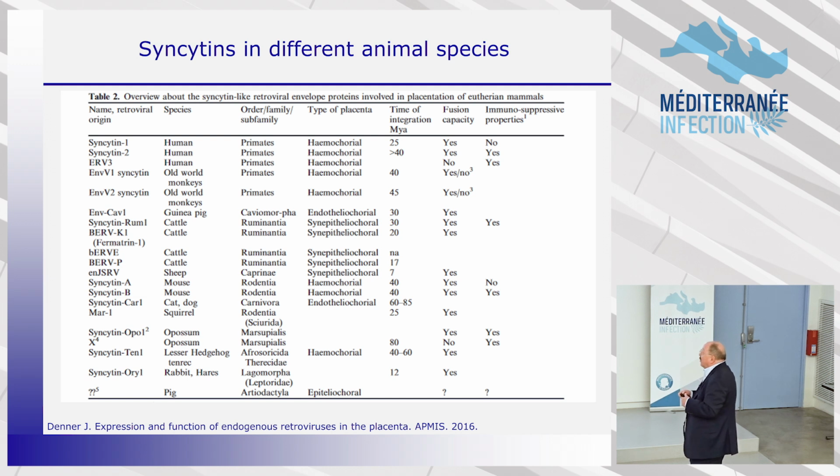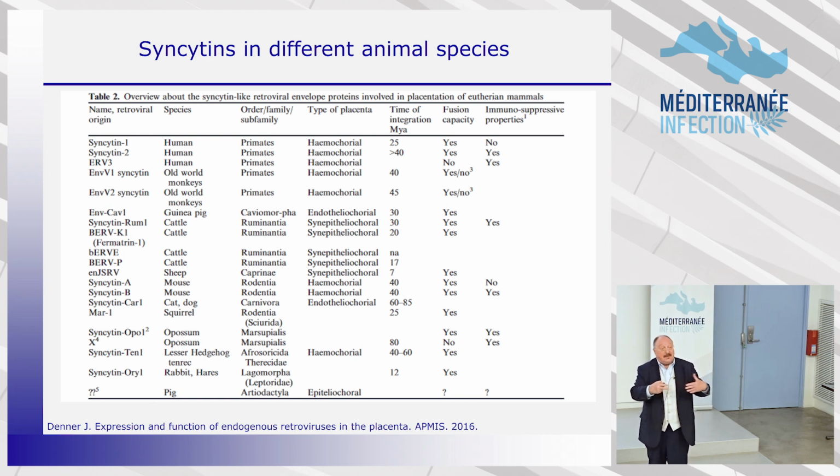And in cows, for example, it is well studied that first one syncytin fulfilled the task of fusion, and later another virus infected, and the transmembrane envelope of this new virus took over this function. So they are even changing the viruses which are important for the placenta production.